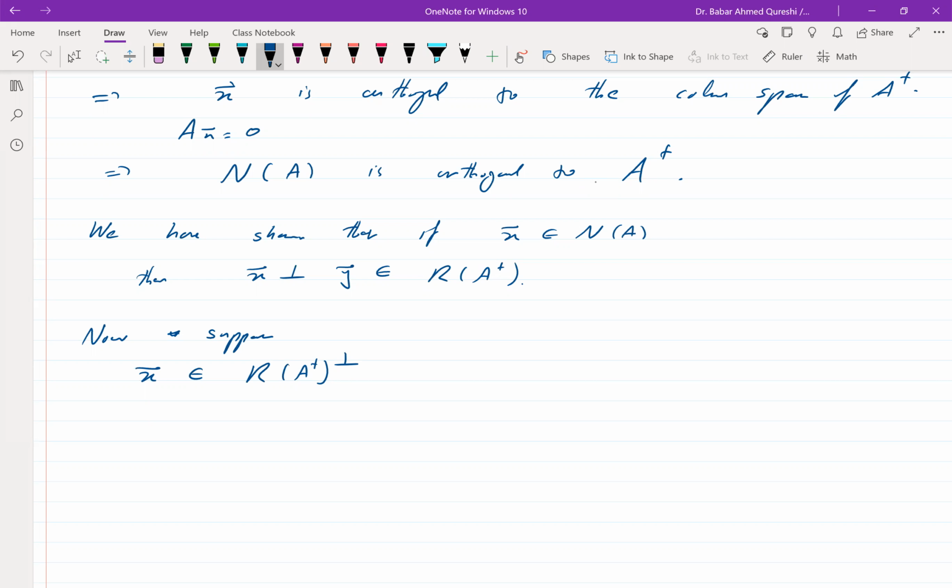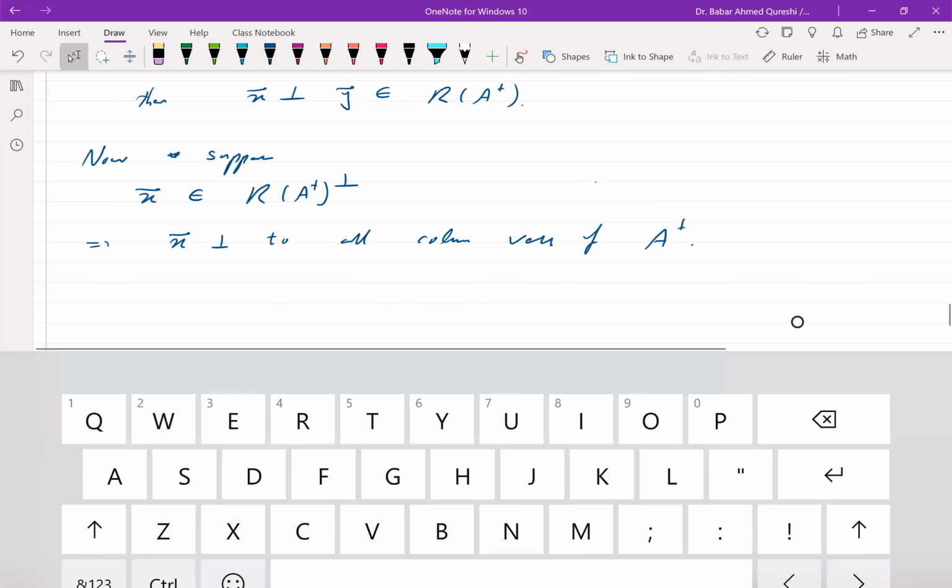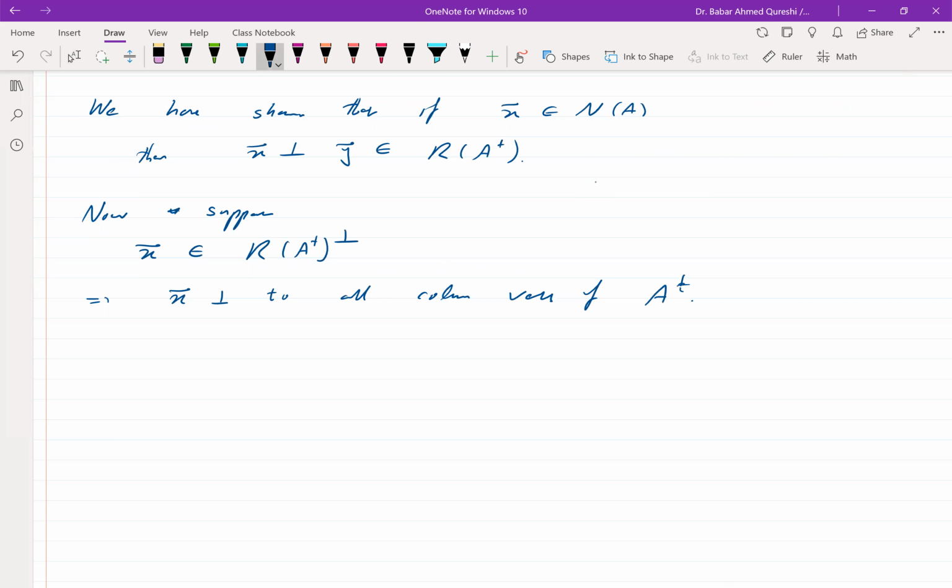But this means X is perpendicular to all column vectors of A transpose, but that implies that Ax is 0, because A transpose is just this.